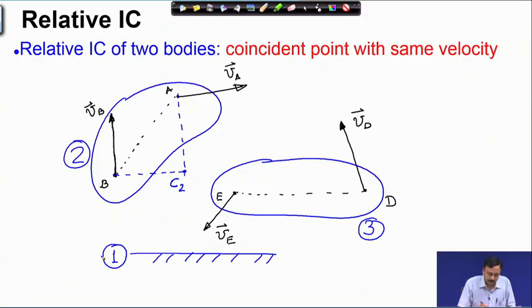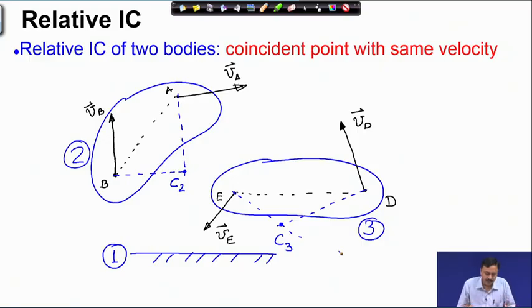Okay. So, C2 is the instantaneous center of rotation of body 2. Similarly, I can locate the instantaneous center of rotation of body 3. This I will call C3.